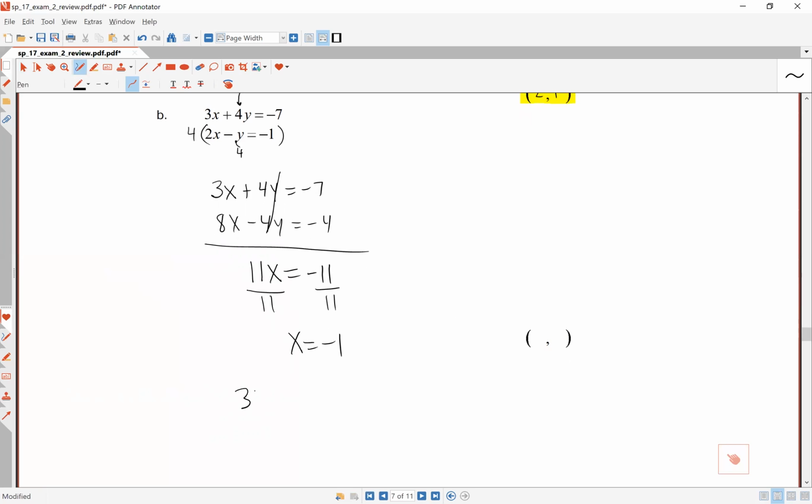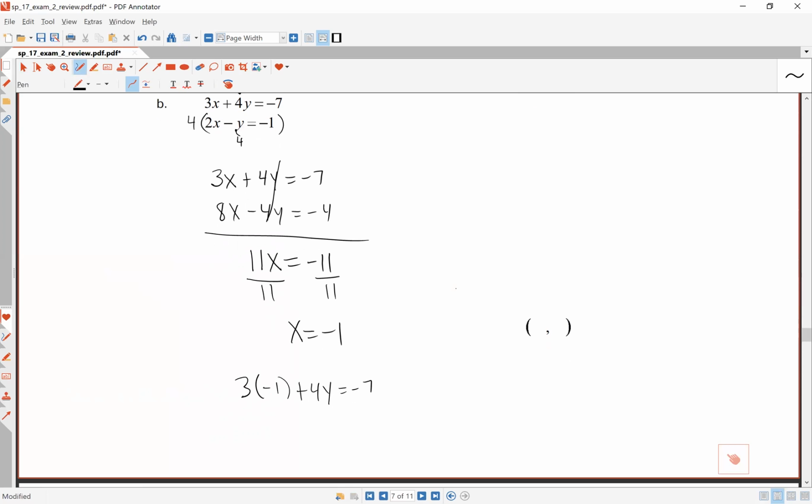Plugging back into the first equation, 3x plus 4y is -7. I can now solve for y. It's -3 plus 4y is -7. Adding 3 to both sides gives me 4y is negative 4. Dividing by 4 gives me y equals negative 1.